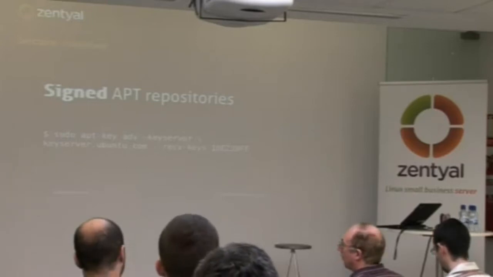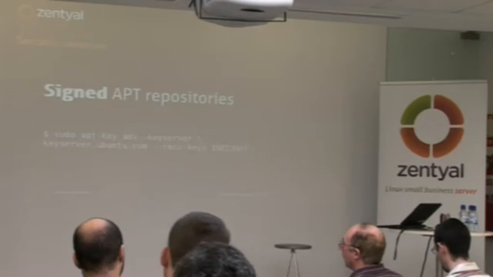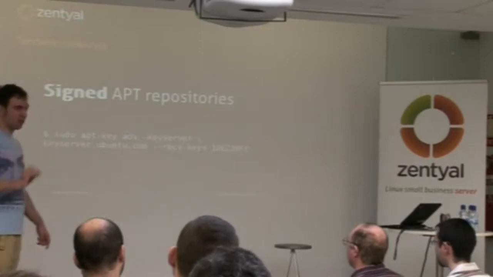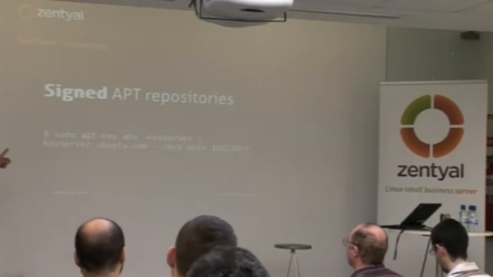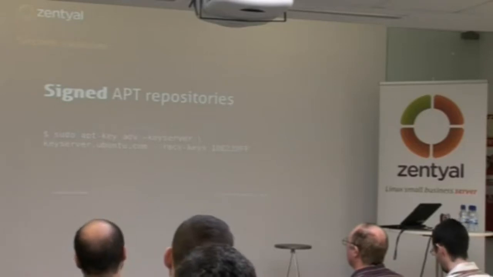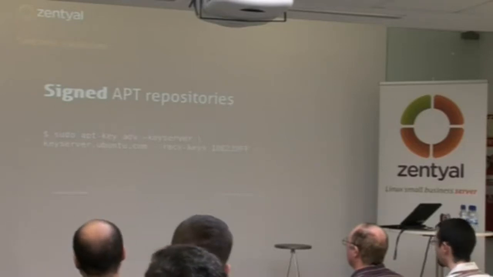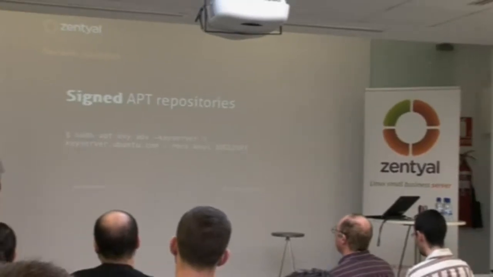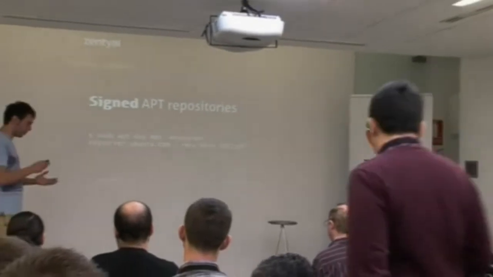So to make sure that the packages that you are installing are really coming from our repository and are released by us and nobody else, make sure you install our GPG key into the system keyring. So nobody's doing man-in-the-middle attacks on the repository. You are not installing fake Zentyal packages, but the real ones.